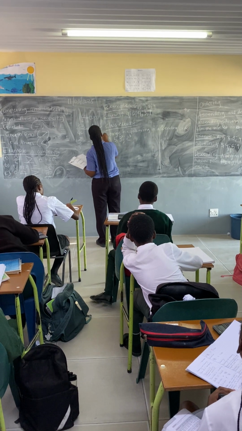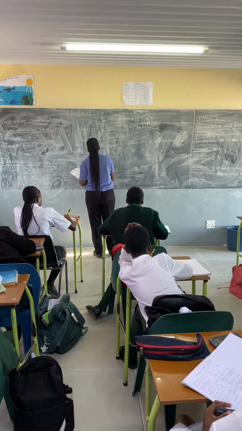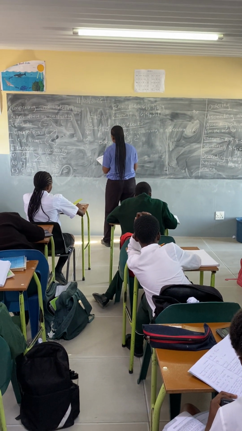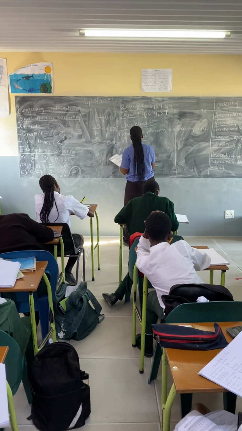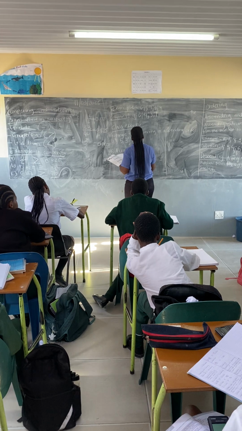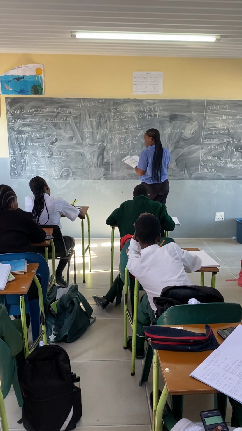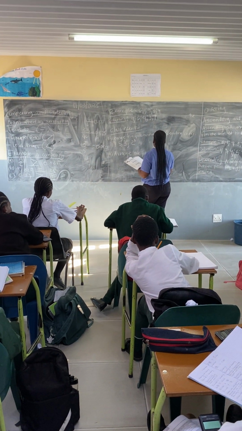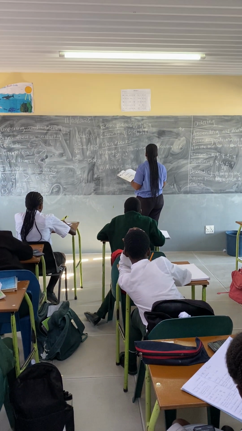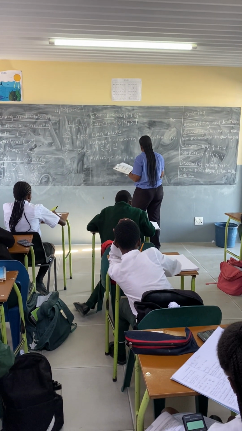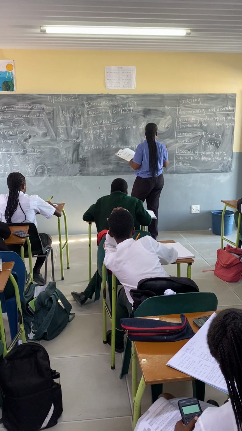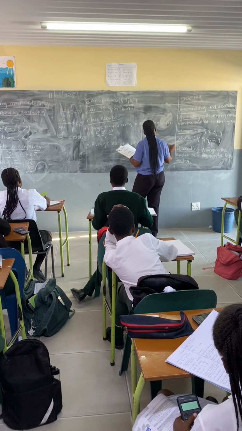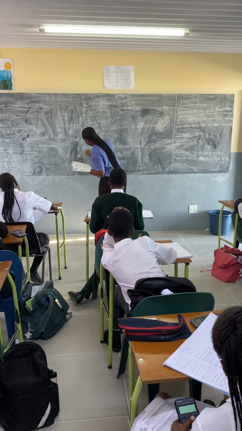This is A. For B, it says arrange the following numbers in descending order.